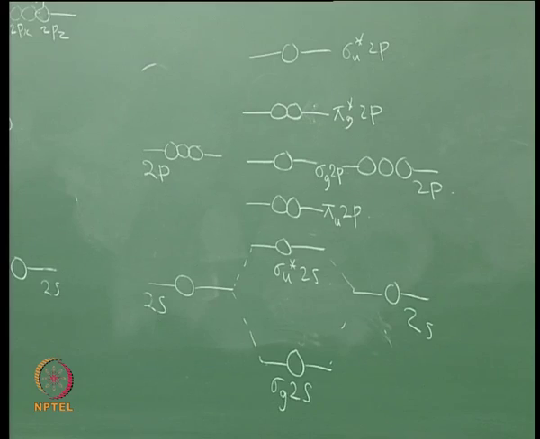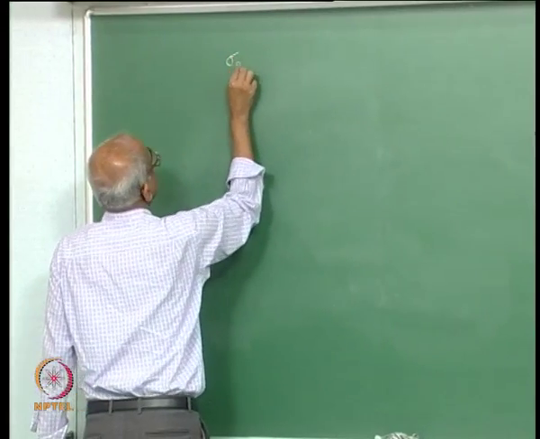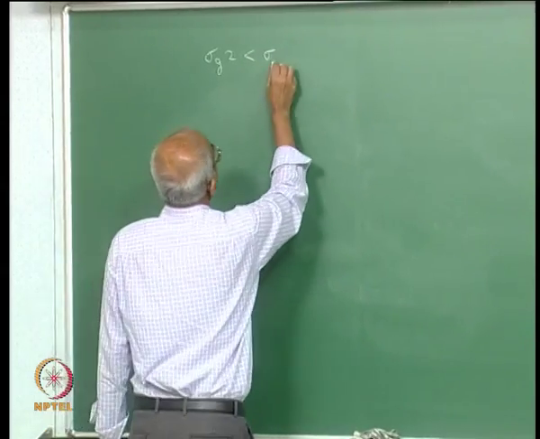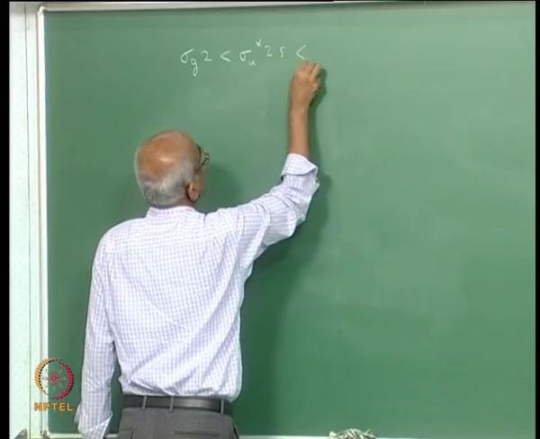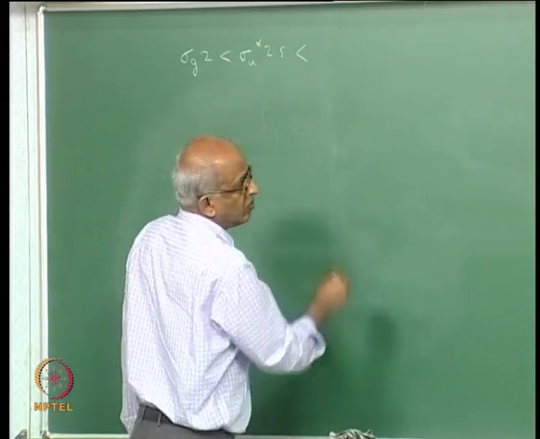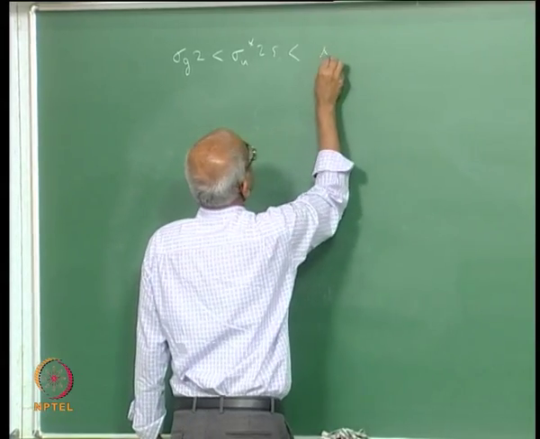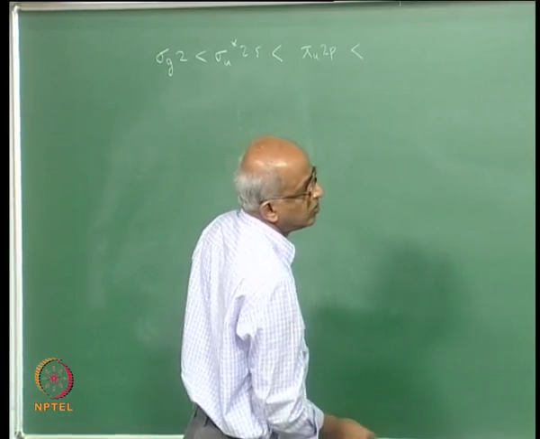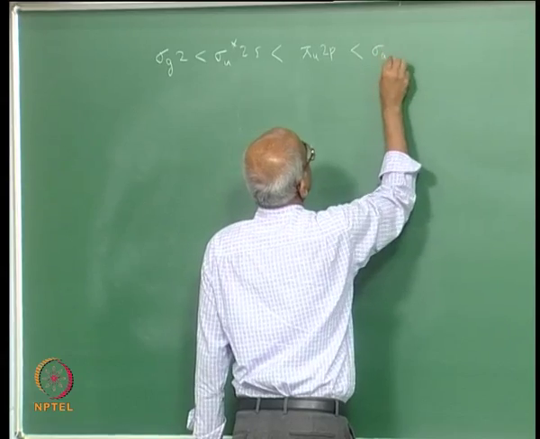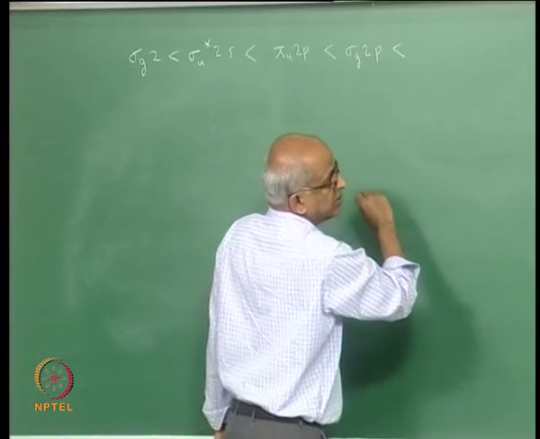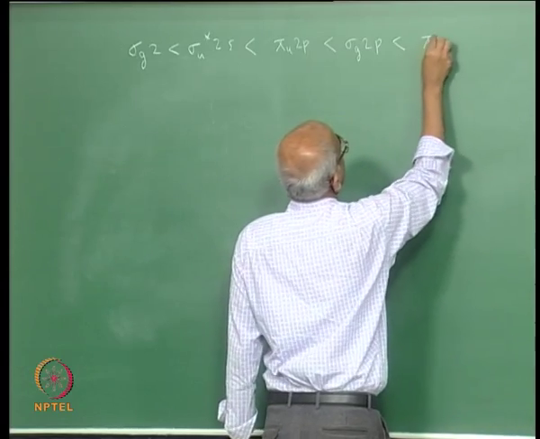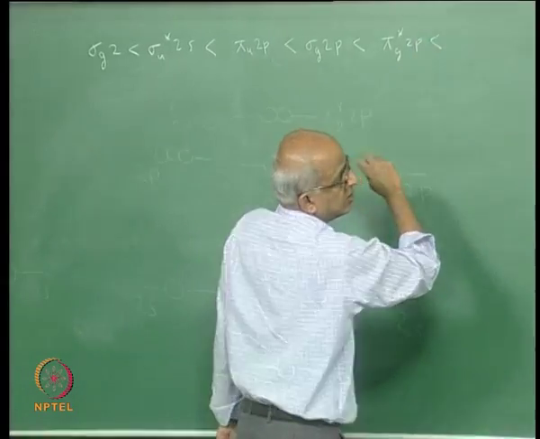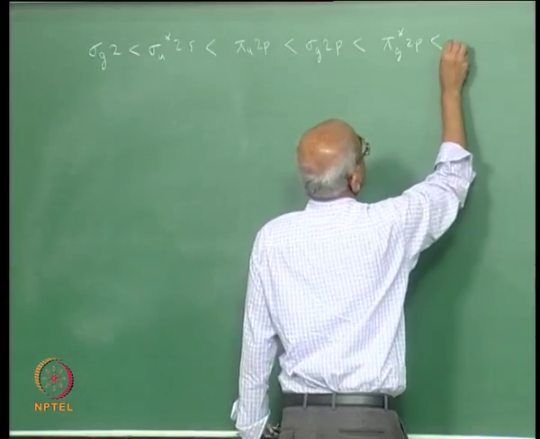That orbital order is sigma g 2s, less than sigma u star 2s, which is less than pi u 2p, which is less than sigma g 2p, which is less than pi g star 2p, which is less than sigma u star 2p.